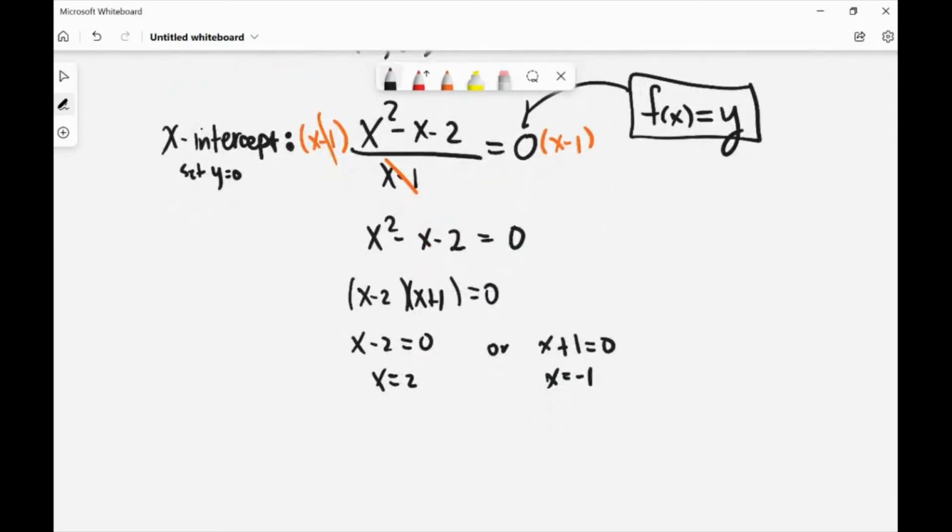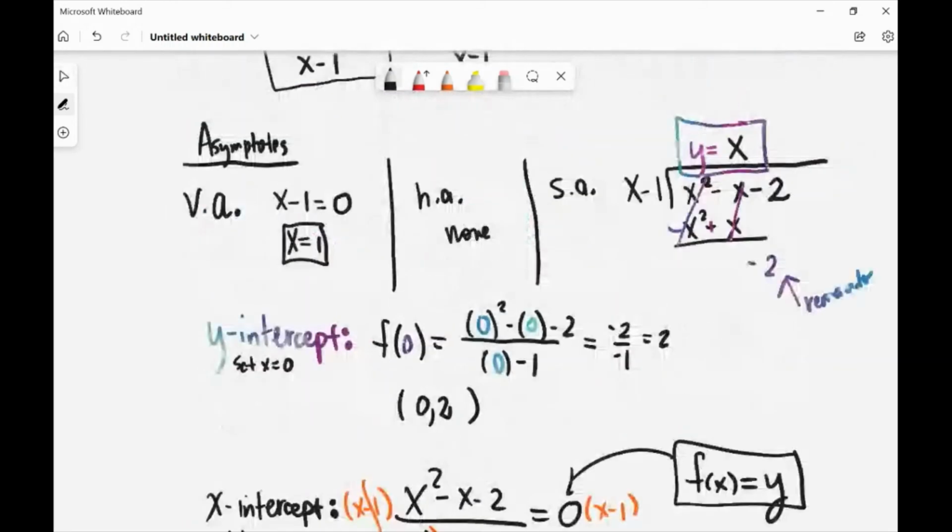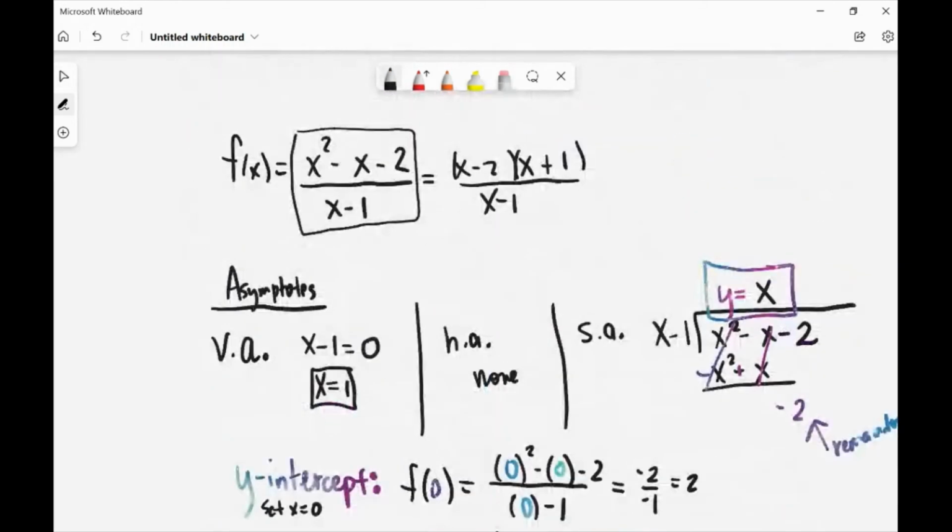If I ask you to write it as a point, what would you say? 2, 0 and negative 1, 0. Yes. So those are additional points on your graph. Of course, those are not the only points you can use. You can plug in any number you want in this function to get additional points so you can get an accurate depiction of the graph.